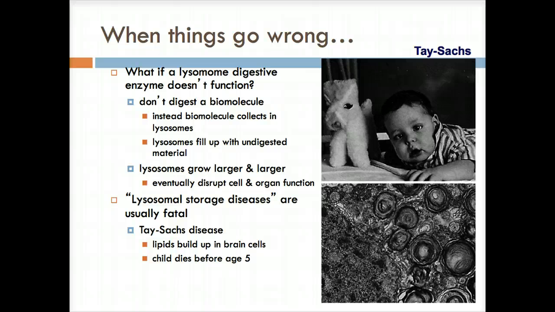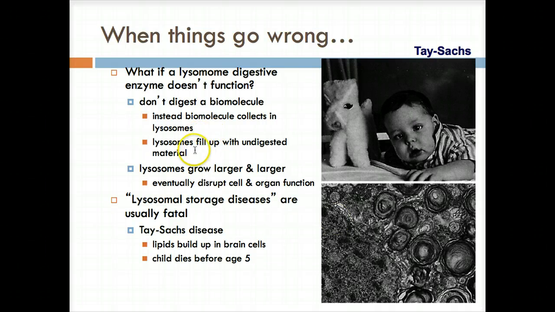Of course, sometimes the lysosomes may not function or work properly due to a genetic mutation. The lysosome can't digest those particular lipids, particularly in the brain. We call this Tay-Sachs disease.